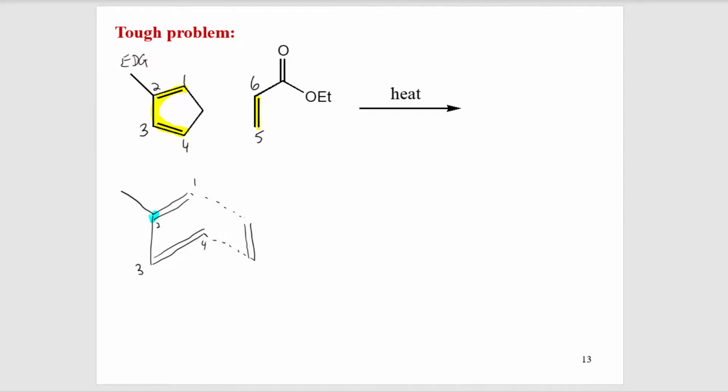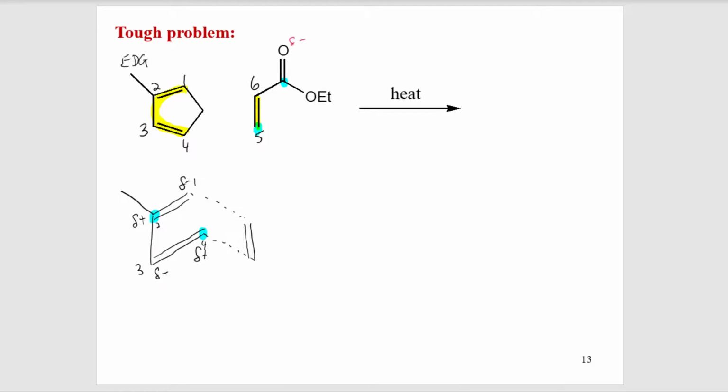That would be the place where the most stable partial positive charge would be. So by conjugation, extrapolation, I can figure out the electronics around the diene. And given the withdrawing group, I know that carbonyl carbons are partially positive, so that makes carbon 5 partially positive, right?